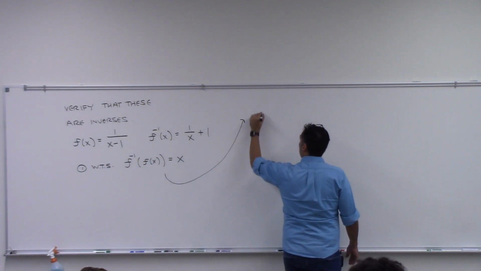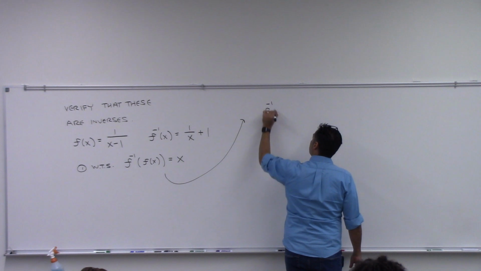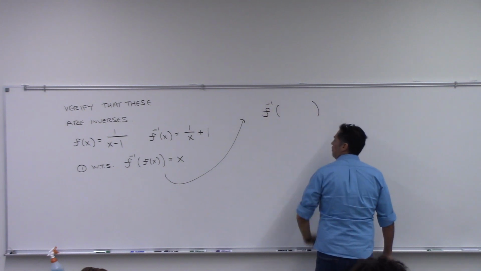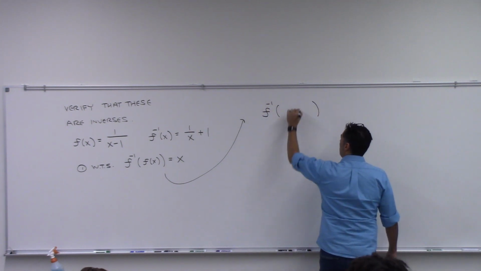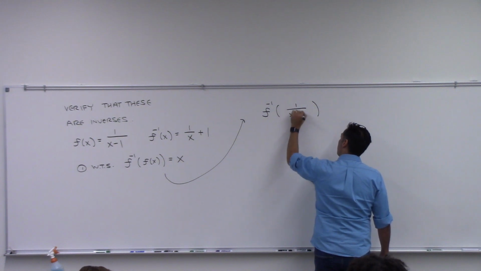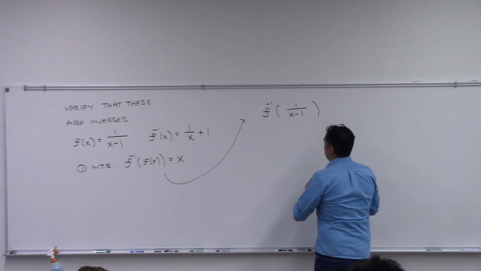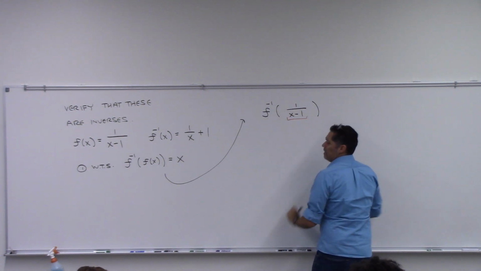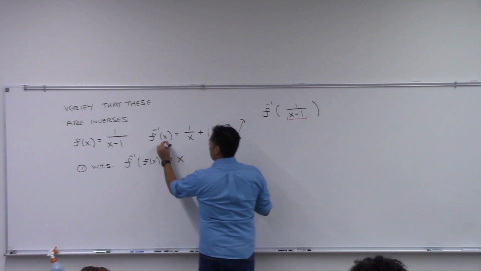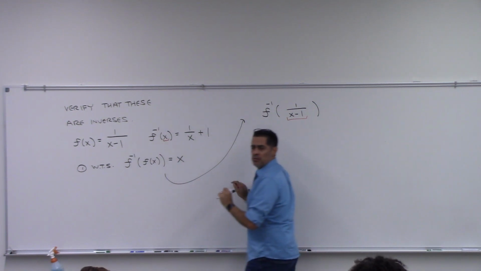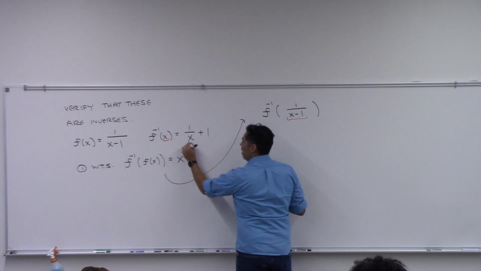All right, I'm going to take f inverse, and inside of it, what am I plugging in? 1 over x minus 1. So this piece right here is being plugged into the inverse function, which means it's being plugged in right there. Be real careful.